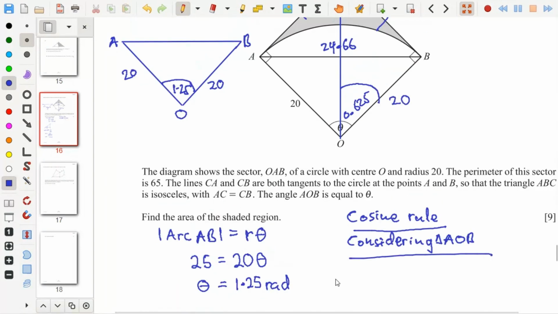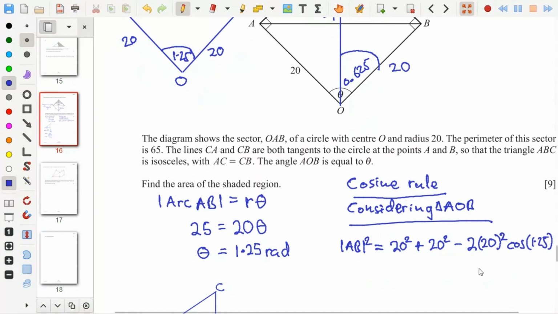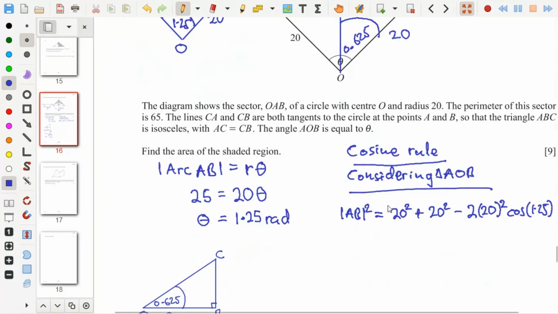So can I say that AB squared is equal to 20 squared plus 20 squared minus 2 times 20 times 20, cos of the angle 1.25. I can find the square root of both sides.